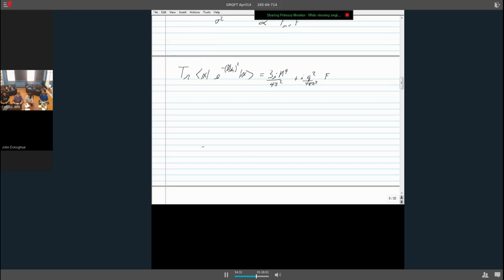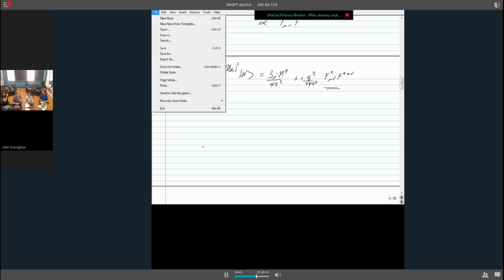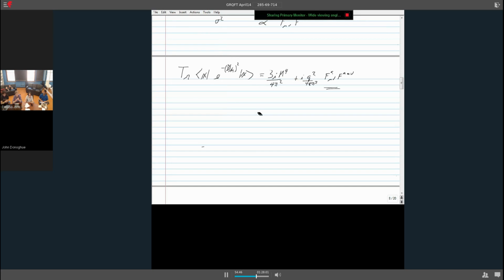The answer is, let's write it down here. Trace of x e to the minus d slash over m squared x. It's 3i m to the 4th over 4 pi squared. That's from the one piece.